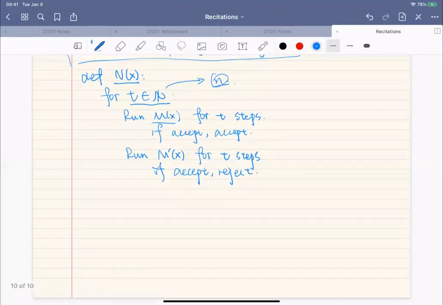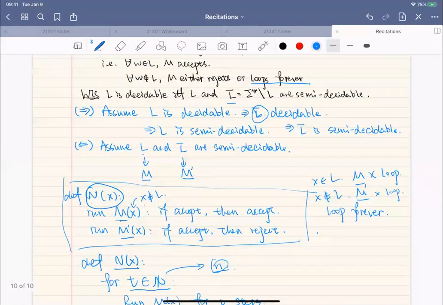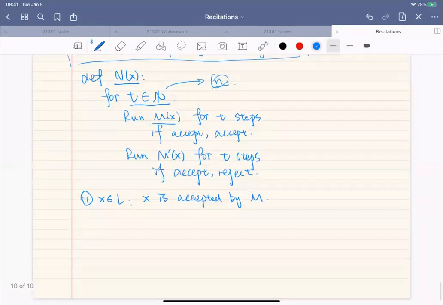Okay, let's now prove the correctness of this Turing machine. We have two cases to prove, and the first case is where X is in L. Then we know that X is going to be accepted by M, because M recognizes L as we defined.